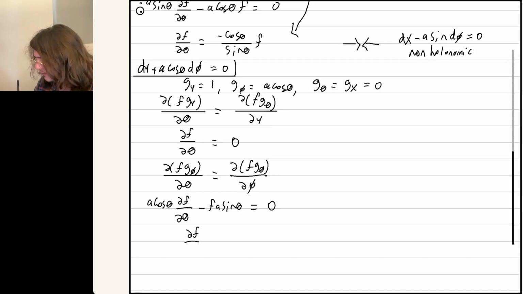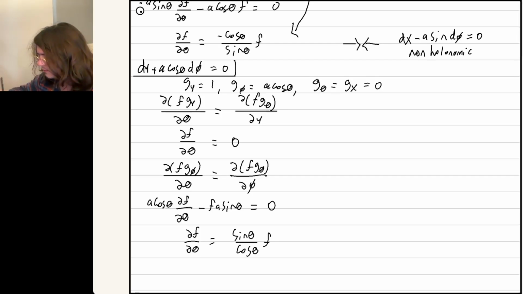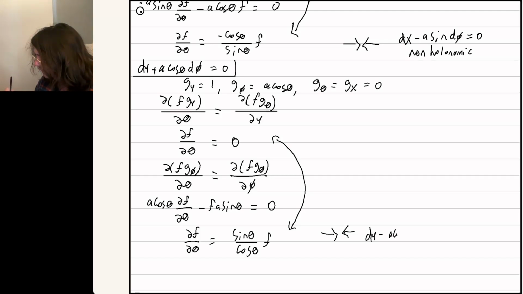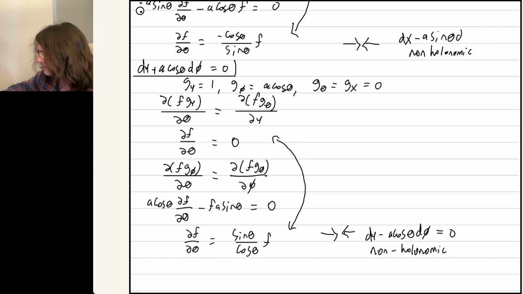Solving for df d theta, you have stuff which depends on theta again. So another contradiction popped up when we looked at this constraint. So dy minus a sine theta d phi is equal to 0 is non-holonomic. That should be sine theta up there. All right.